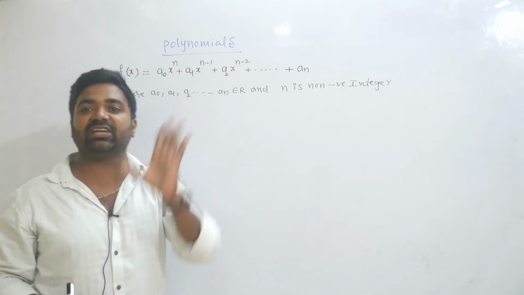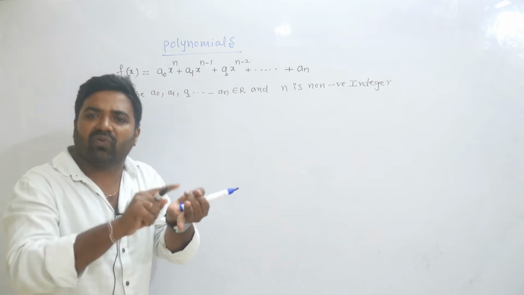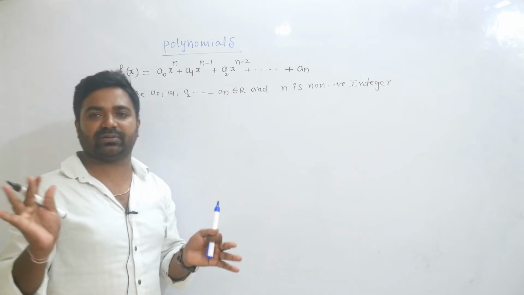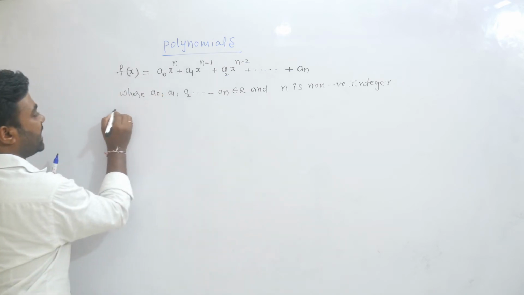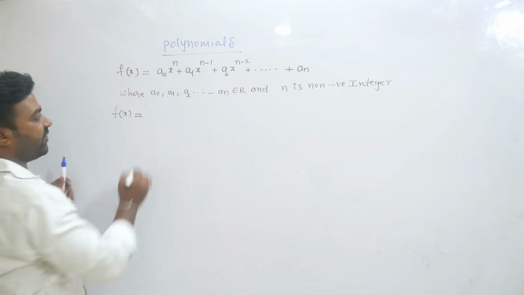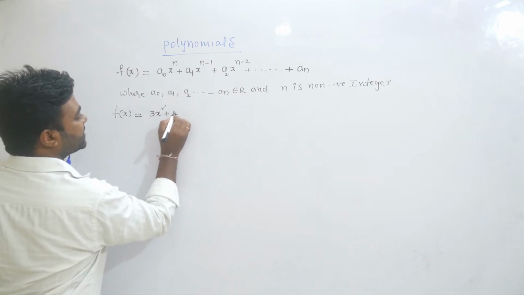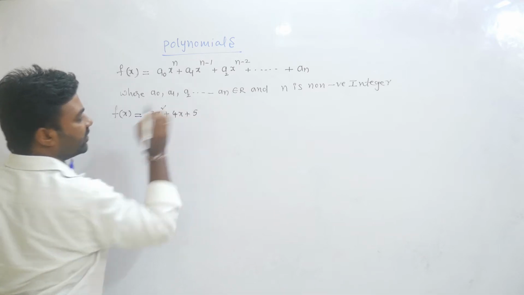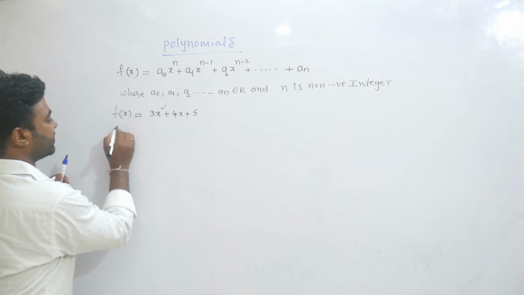Non-negative integer means what? 0, 1, 2, 3 up to so on. For example, f of x is equal to 3x square plus 4x plus 5. It is a polynomial.